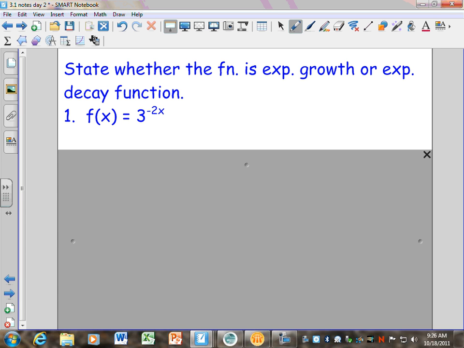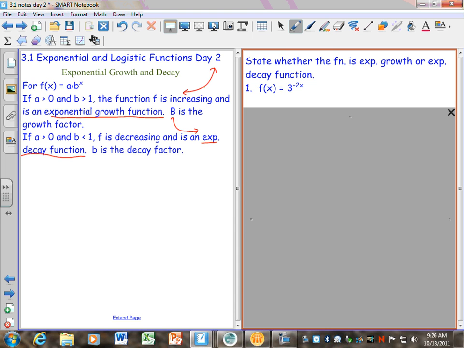The thing that we just typed on the last page was talking about a and b. I'm going to go back to those pages for just a minute. If it's exponential growth, you're looking for a is greater than 1, b is greater than 1.